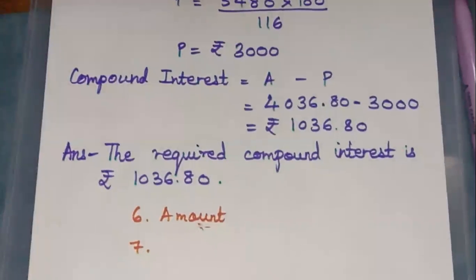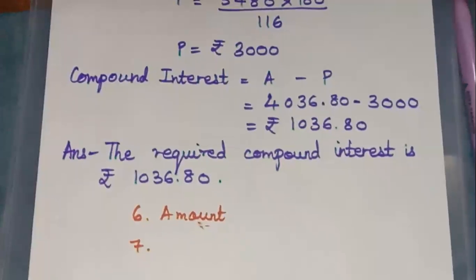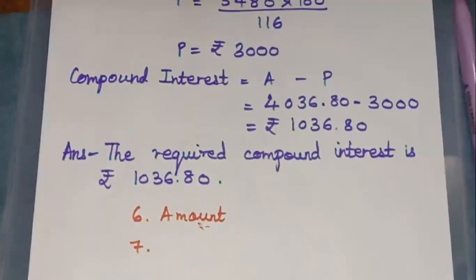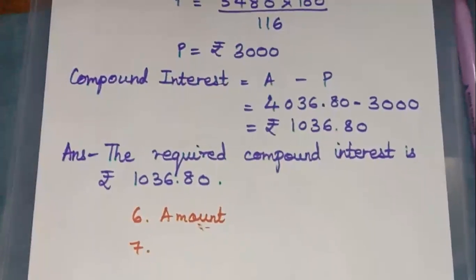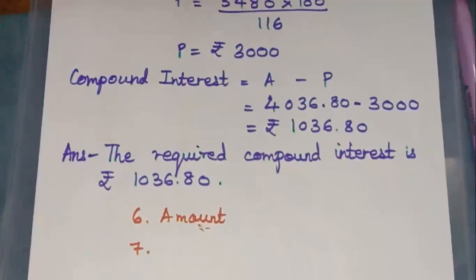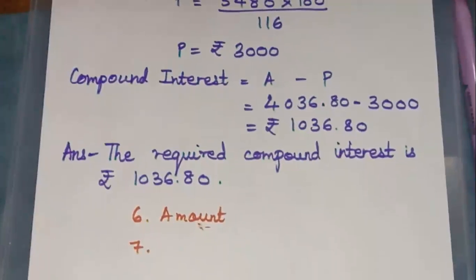So rate is 12 PCPA, and if you are still confused about how you will find the rate, the easiest thing that you can pick up from the question is, wherever PCPA is given or a percentage sign is there, that is going to be your rate. So rate is given, principal is given, and lastly duration is also given, that is 3 years.